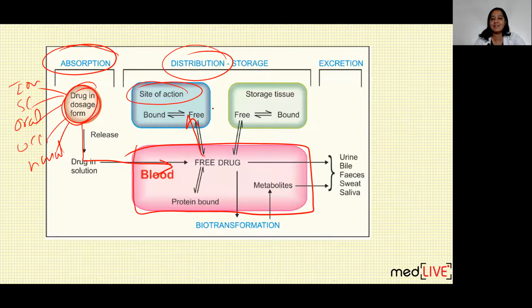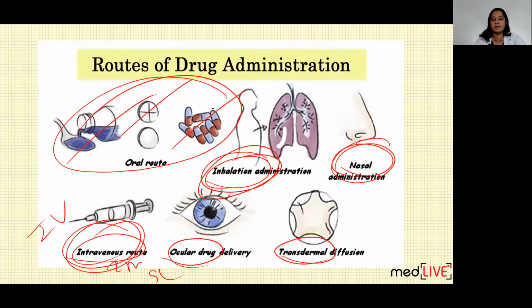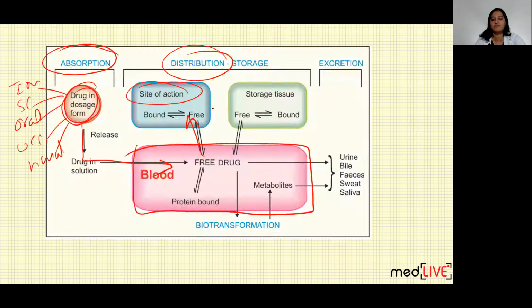Can you see here in this diagram? First the drug is absorbed. If you are giving the drug through any route, it is ultimately absorbed in the blood. From the blood, it will go to its site of action, which is known as distribution. Now it will go to the liver for biotransformation.